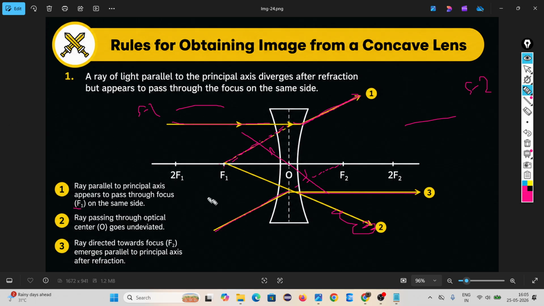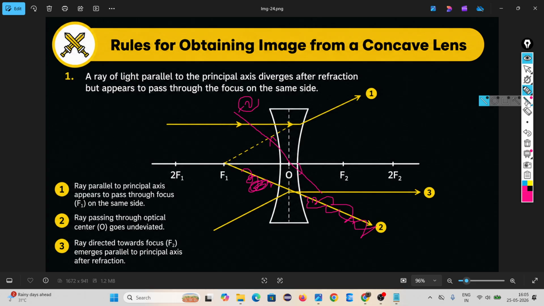You understand these three? Rule number 2 is, if a ray is coming through the optical center, it remains undeviated. If you have the confidence, then we will go for ray diagram. You understand?